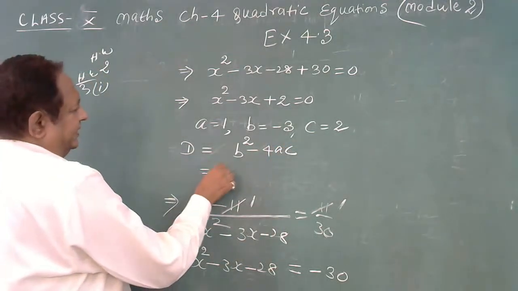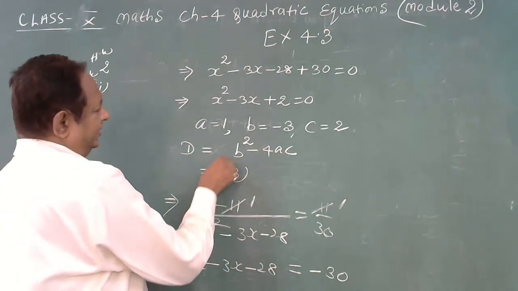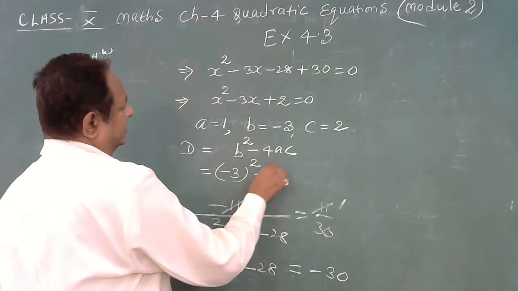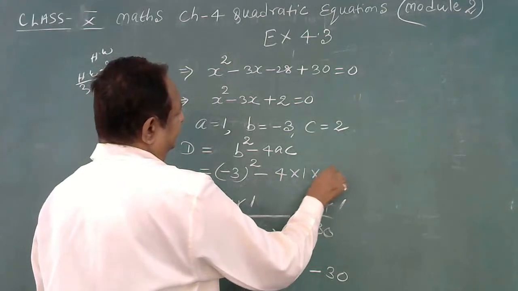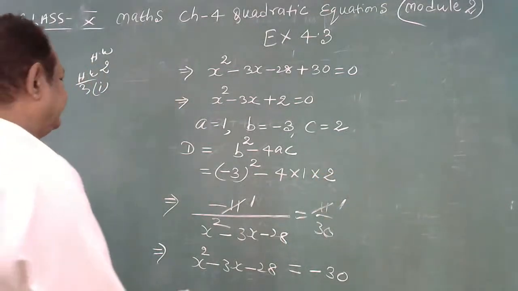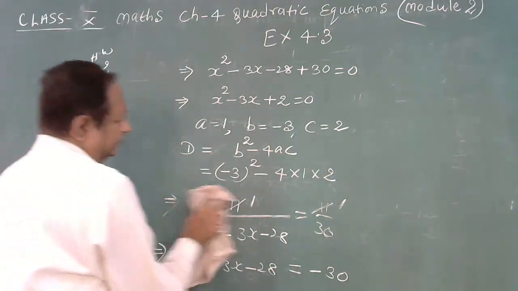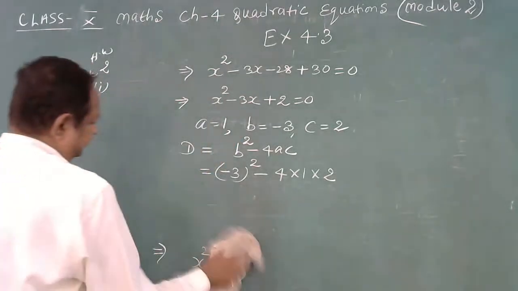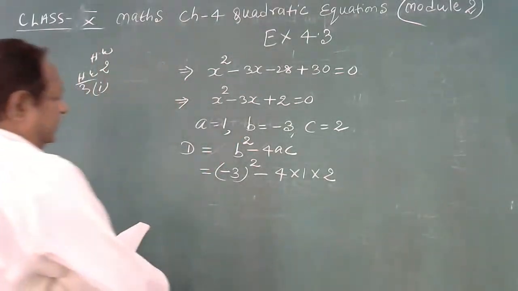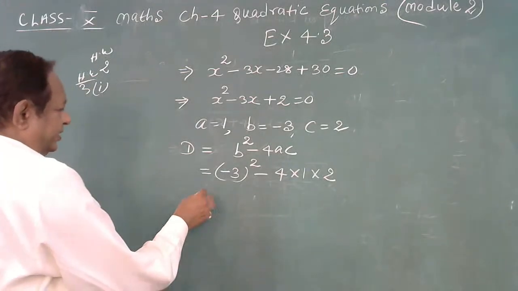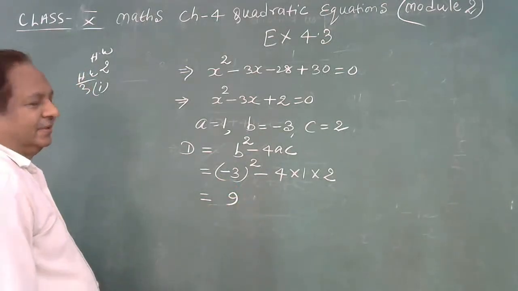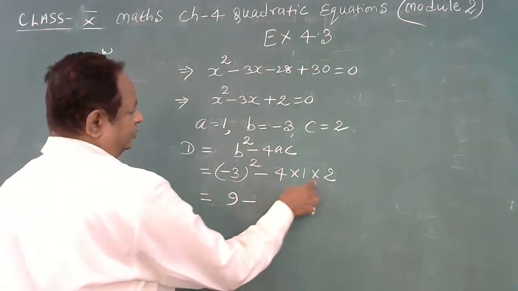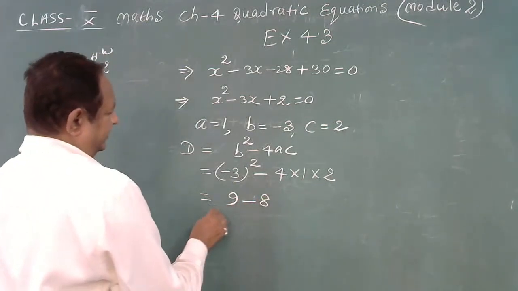So this can be written as minus 3 whole square minus 4 into 1 into 2. So the square of minus 3 is plus 9, and minus 4 into 2 is minus 8, that is 1.